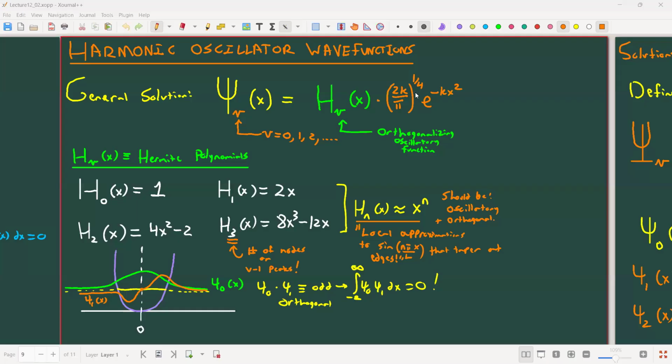The bell curve function, e to the minus x squared, what we call the Gaussian function, has the properties that the Hamiltonian for the harmonic oscillator needs.